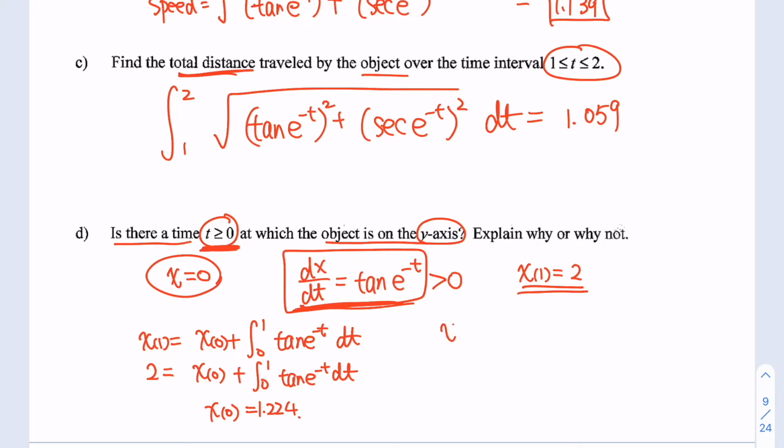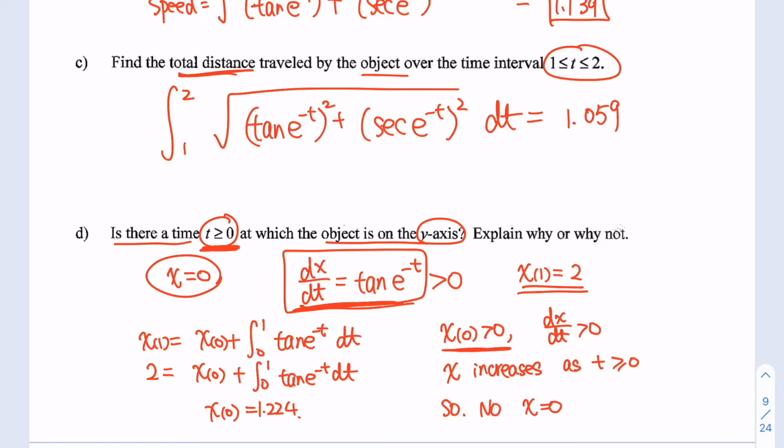So because x of 0 is positive and dx over dt is always positive, that means x increases as t increases. So there's no point where x equals 0.